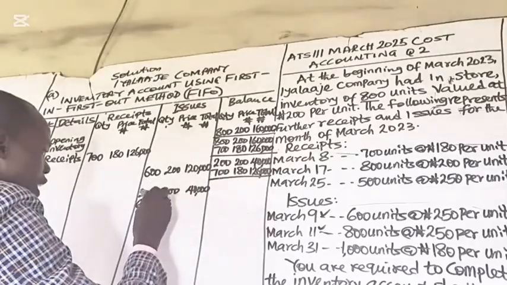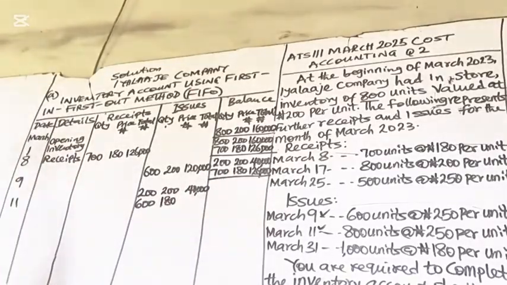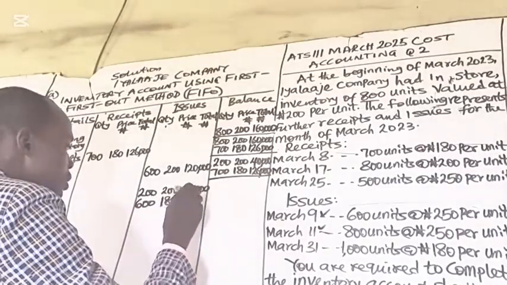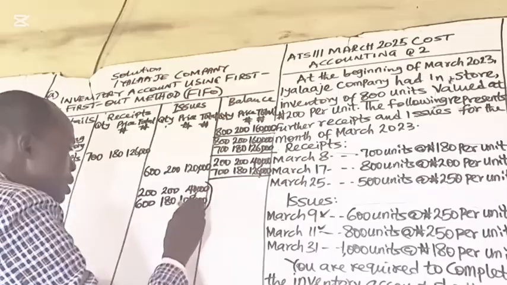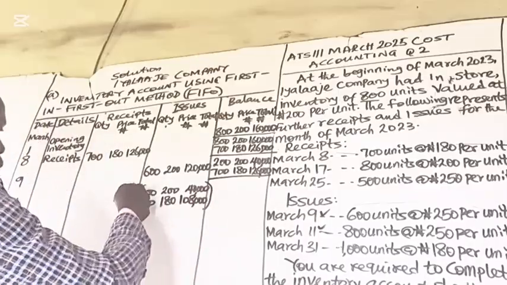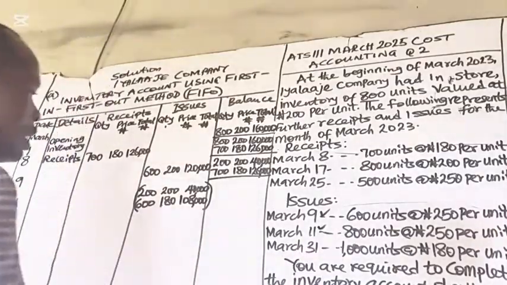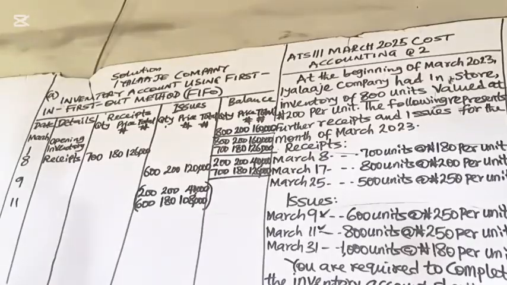So 180 times 600, that gives us 108,000. So 200 plus 600 making 800. So you've done with March 11.